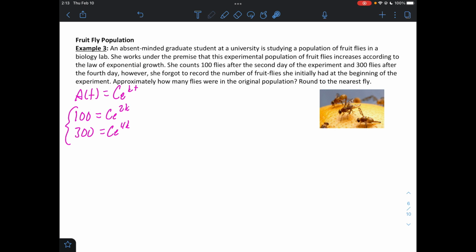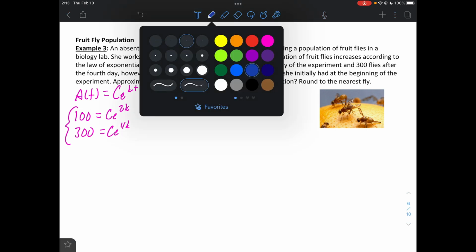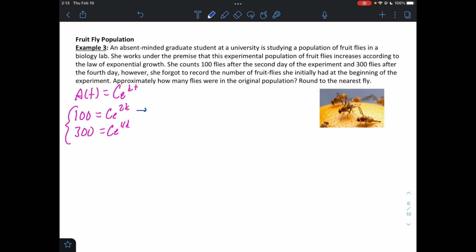All right, so the way I would do this problem is I would solve, let's say this one for C, and that would be C equals 100 over e to the 2k. And then I would put that here. So 300 equals 100 e to the 4k over e to the 2k.